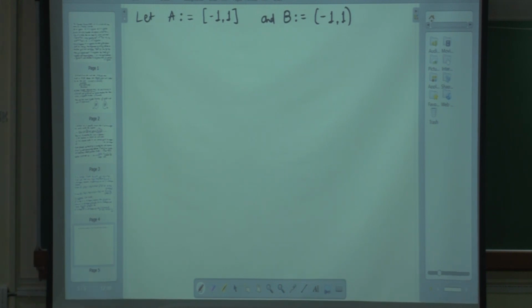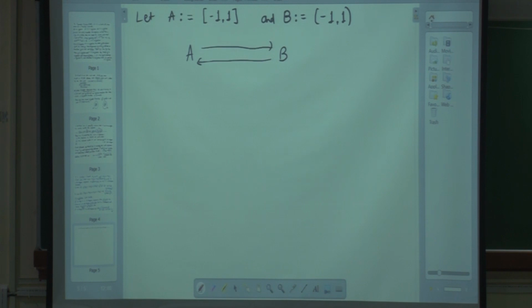Can you give me some injective functions from A to B and B to A? So f, let us write these things down, A and B. Give me some function from A to B. x by 2.